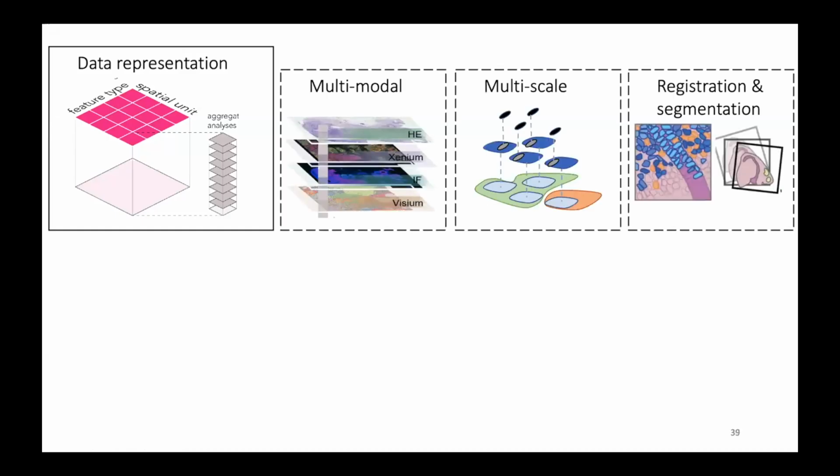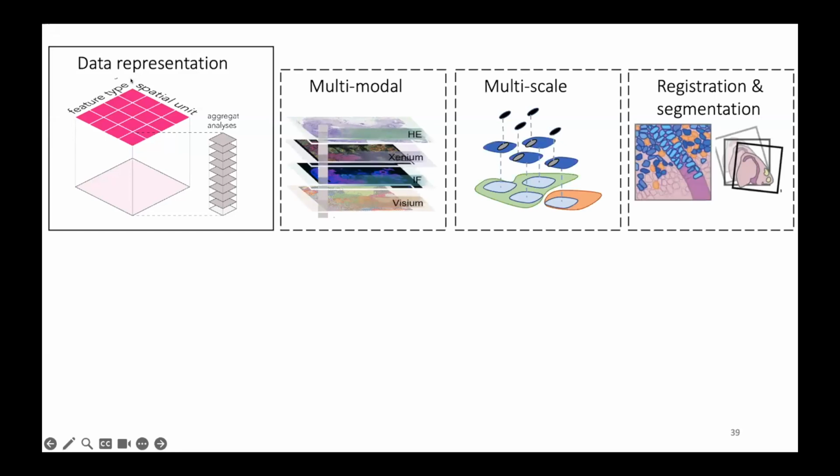All right, so going into the actual figures and data for Giotto Suite, I'm going to show you a couple of things about how exactly we represent data and how we work with this spatial multimodal data.